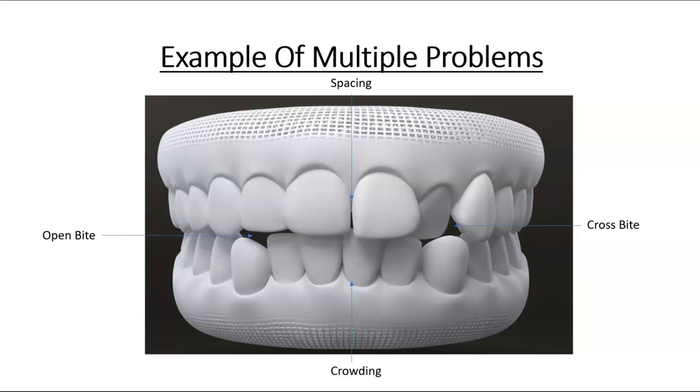Now we're going to go over a little example of multiple problems. Here you could see an open bite on one side. Same smile has spacing between teeth or gaps between teeth. Same bite has crowding on the bottom where teeth are overlapping each other. And same bite has a cross bite where the top tooth is behind the lower tooth.